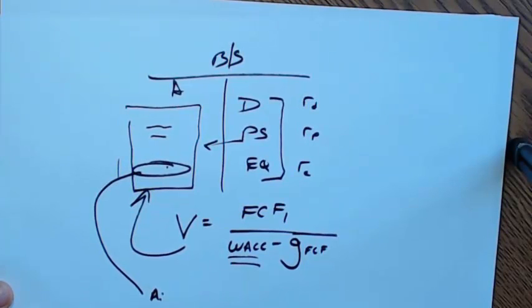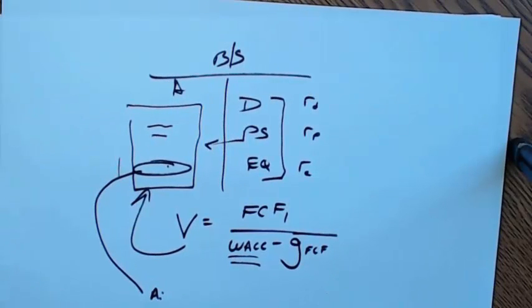And given that discount rate, is it worthwhile for us? Is it profitable to invest in a project? Or you can think of it as a product line. Is it profitable to invest in that product line? So that's what's coming up in the next chapter.